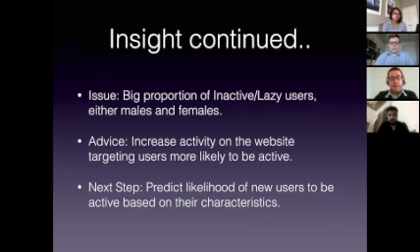Thus the next step should be to build a model to predict the likelihood of new users to be active based on their characteristics. What we're going to do after is understand what insights we can get from the other characteristics. All right, I hand it over to my colleague.